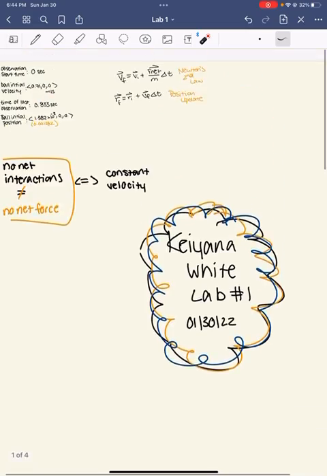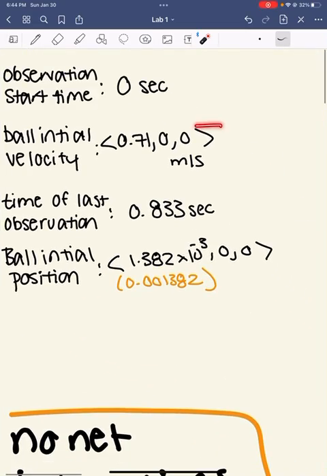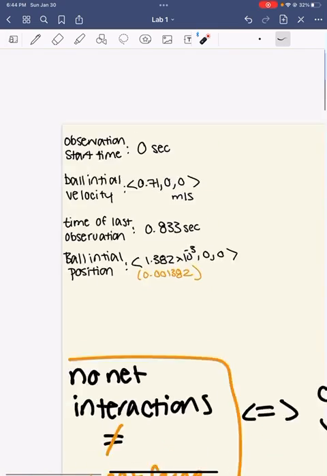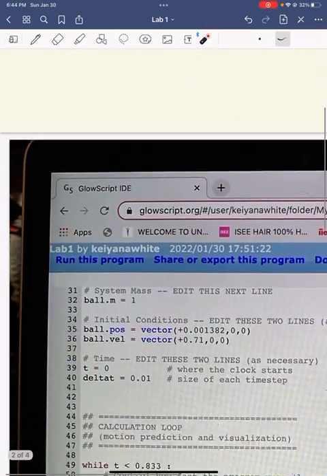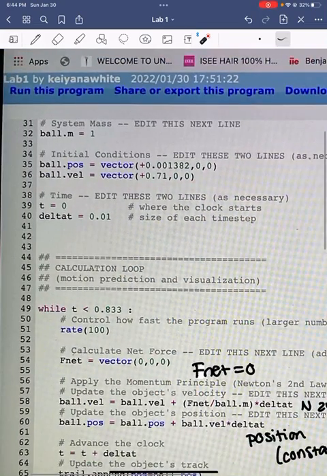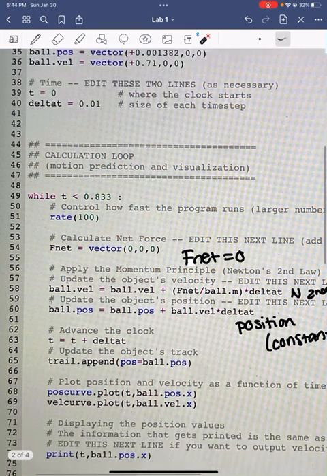I then calculated the initial velocity here, which got me this. Putting this in, we can leave these the same, 0, 0.1 for the timestamps.